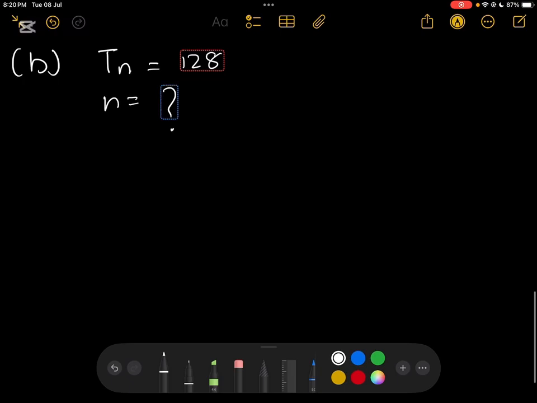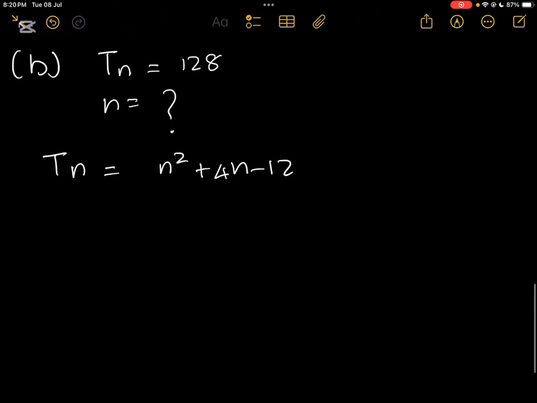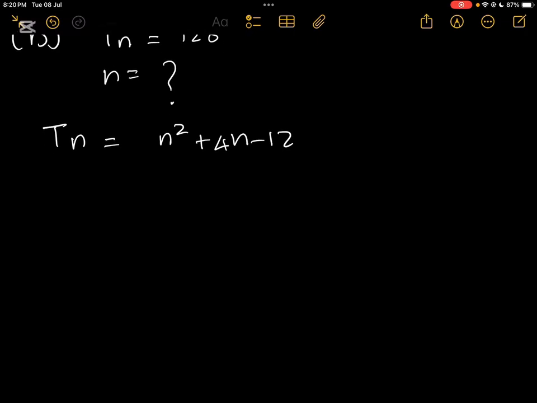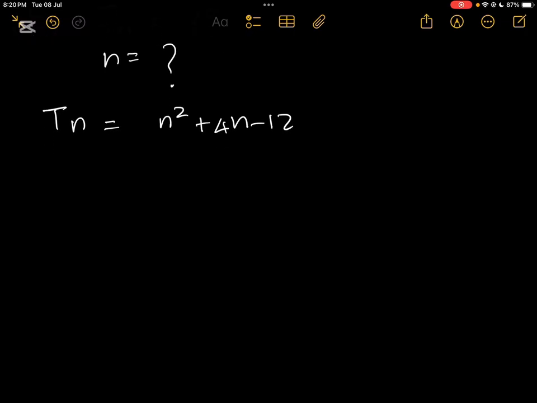We know our expression is Tn is equal to n squared plus 4n minus 12. Therefore, which position n is going to give us 128. So we equate 128 to the equation n squared plus 4n minus 12.